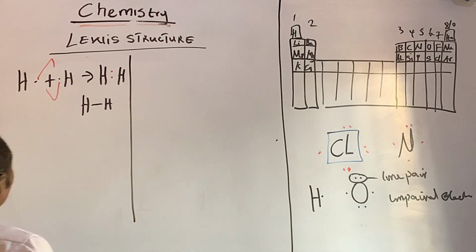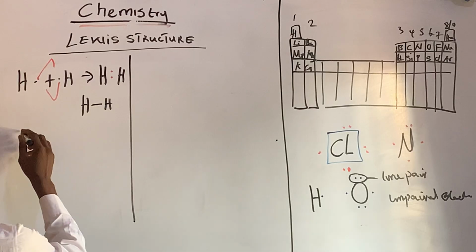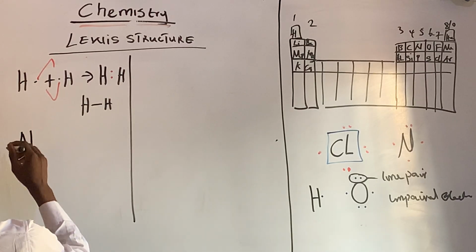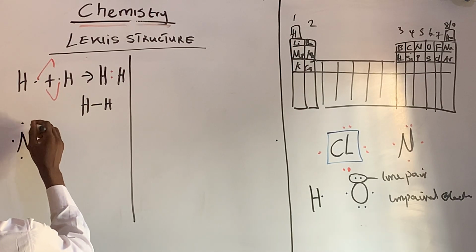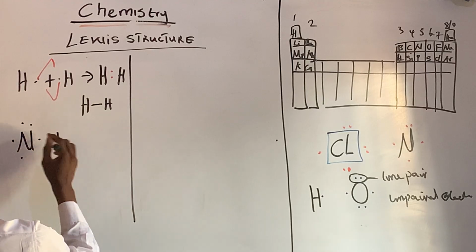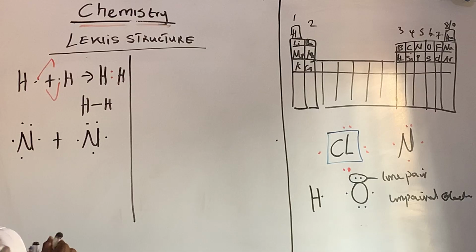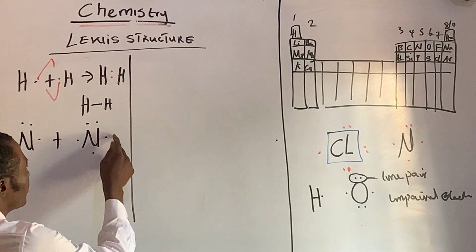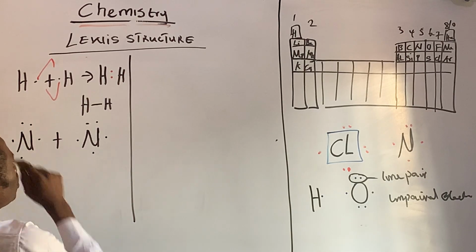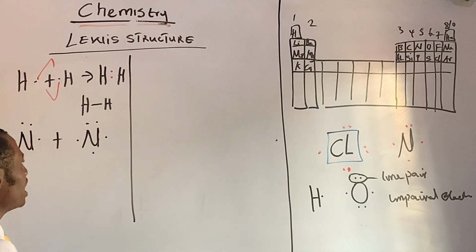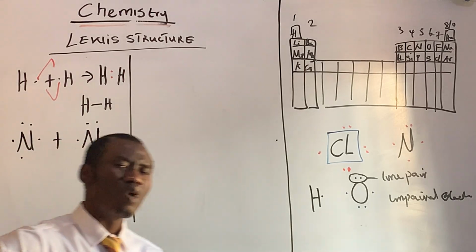Up next, we want to draw nitrogen. Nitrogen has 5 valence electrons, and we're going to combine it with another nitrogen, which also has 5. Notice that we have 3 unpaired electrons and 1 lone pair on each. What do you think will happen? The 3 unpaired electrons will form a triple bond.